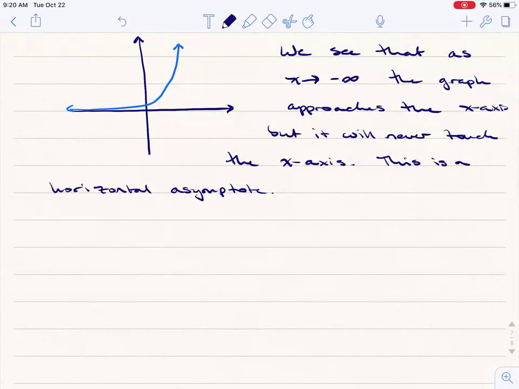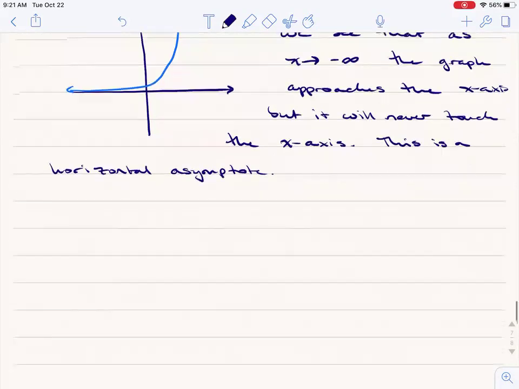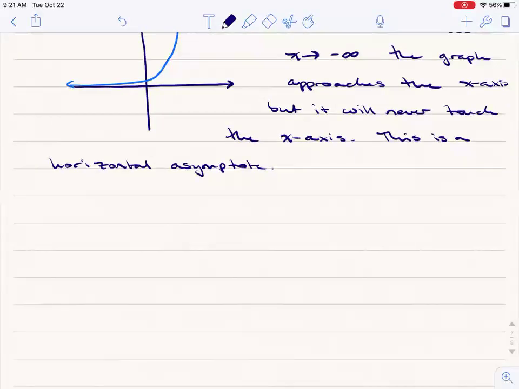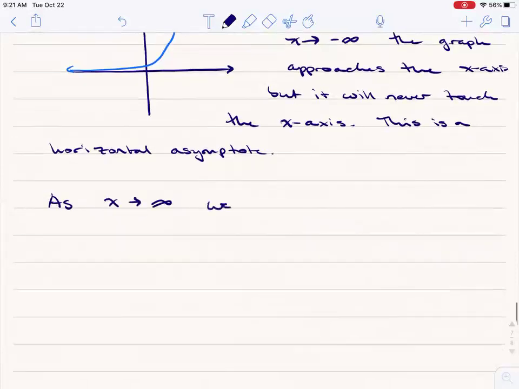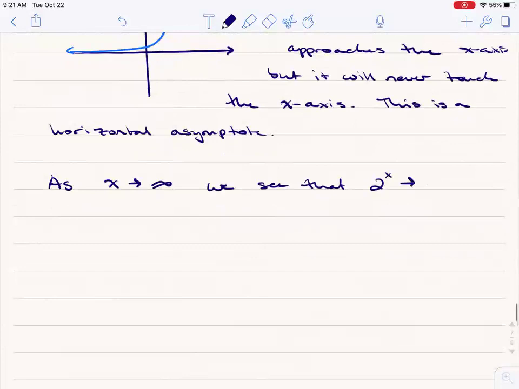If we look the other way, as x approaches positive infinity, because we've got this kind of incline this way, as we go to infinity, 2 to the power of x will also approach infinity. And so as x approaches positive infinity, we see that 2 to the power of x also approaches infinity.